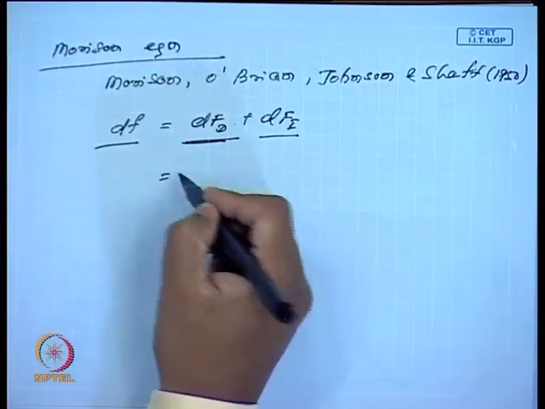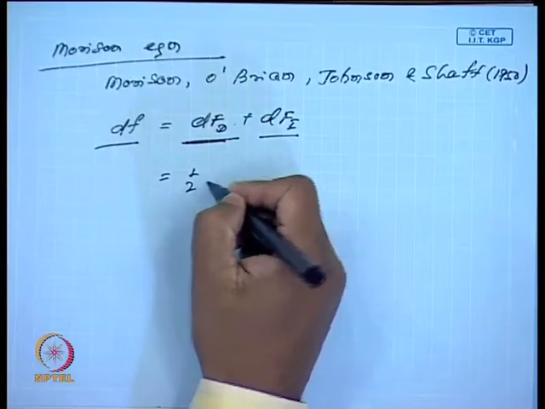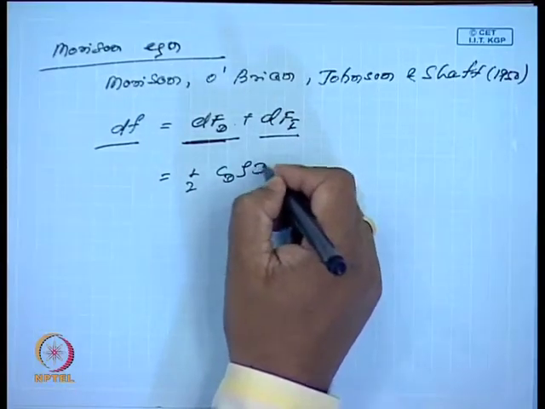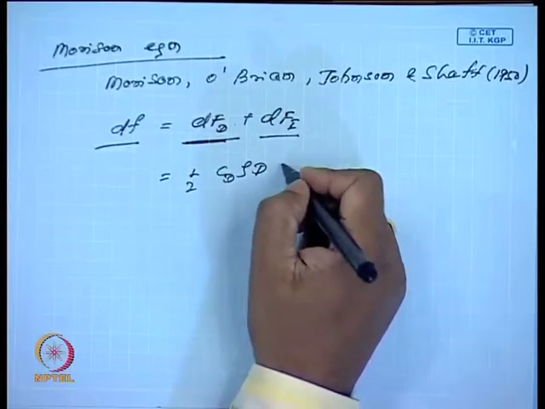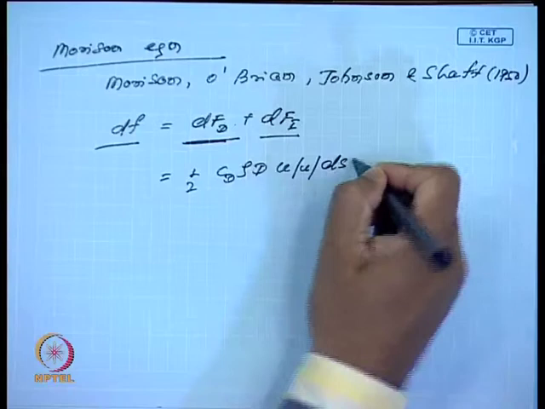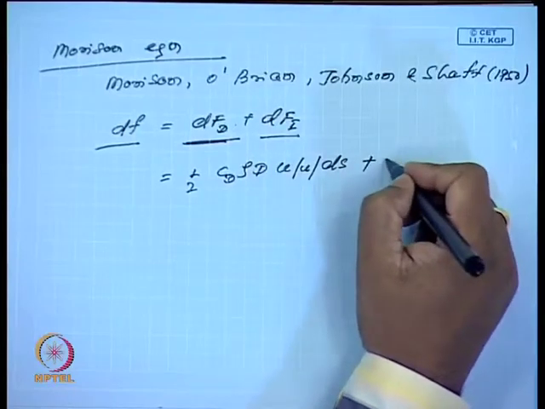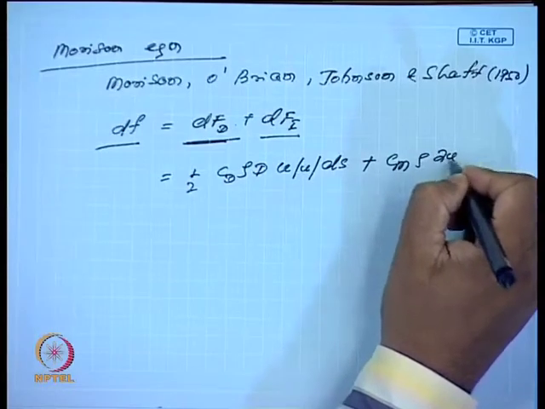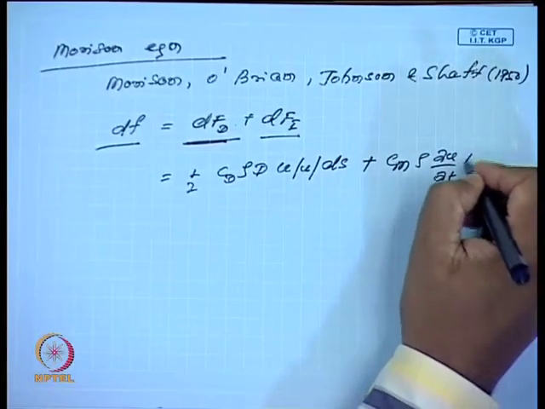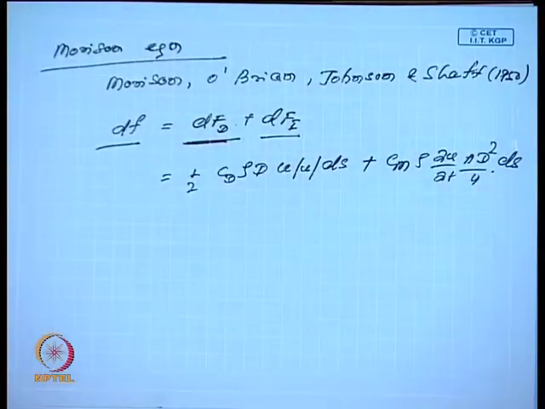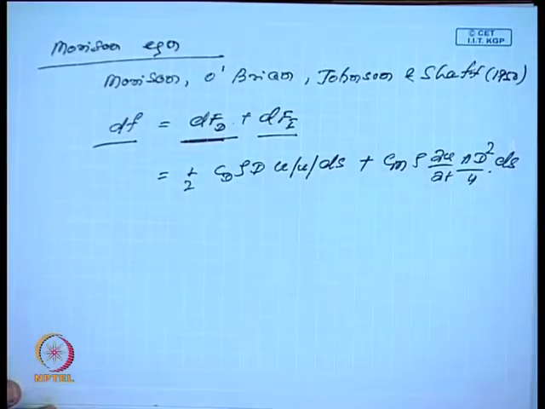It is given by the formula dF equals 1 by 2 CD rho d u mod u ds, plus Cm rho del u by del t into pi d square by 4 into ds. This is an empirical formula.